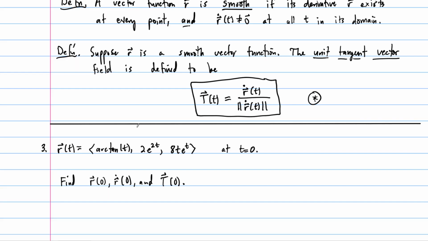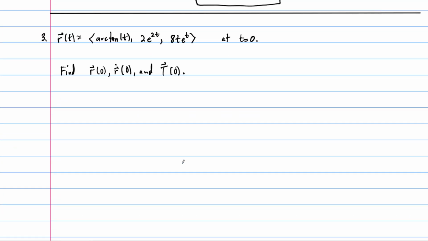Okay, now that you've had a chance to work on this yourselves, let's try to write down the answer together. The first thing that we're asked to do is just plug in 0 to this function, right? So r of 0, that we do by just putting in zeros. So this is going to be arctan of 0, 2e to the 0, and then 8 times 0, e to the 0.